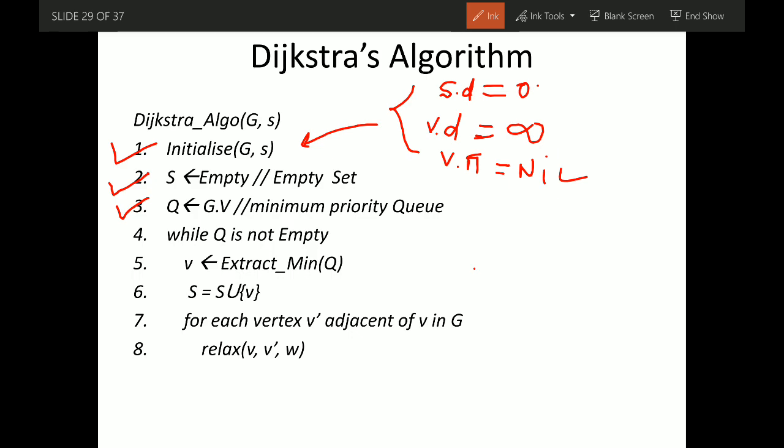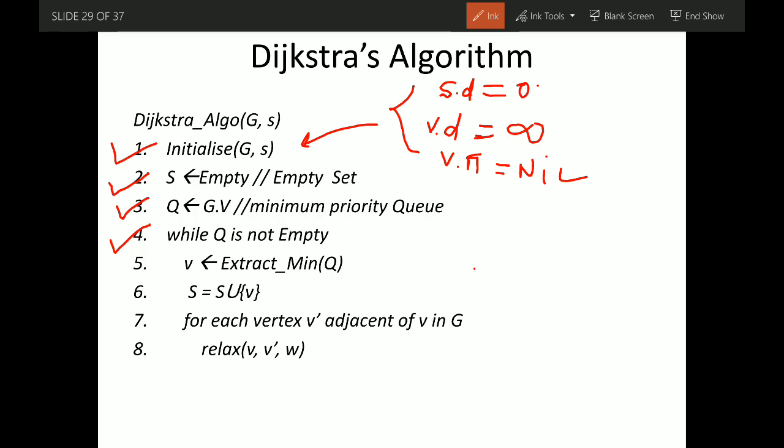And initially the minimum priority queue has all the vertices with initialized values, that is, for the source the minimum path estimate is 0, and for other vertices infinity. Now we repeatedly remove one vertex from the queue and process it.